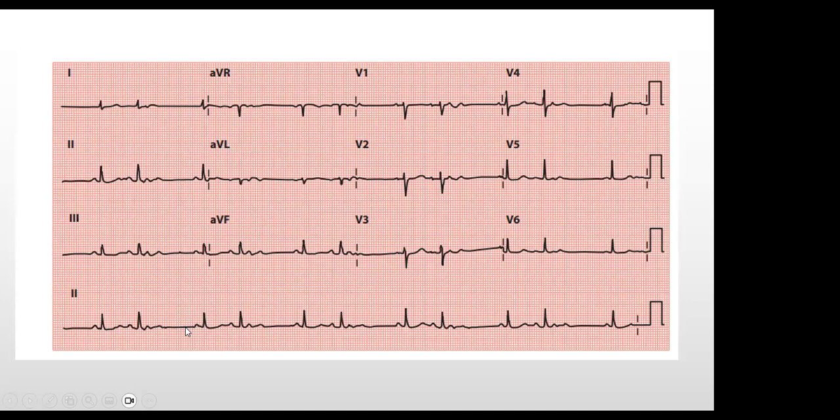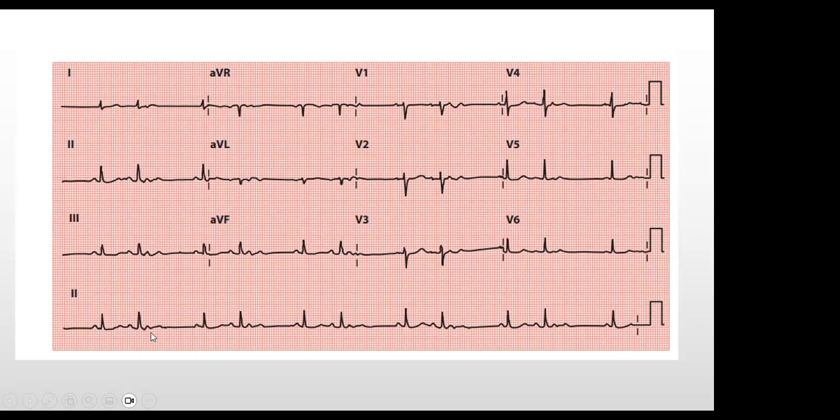Okay. I'm asking you, I'm not just saying what it is. Yes, that's supposed to be the compensatory pause. Okay, so you're saying that the second beat is premature atrial complex. Yeah, that's what I think, sir. So how do you know the one that's normal and the one that's abnormal? Well, the one that has the compensatory pause after is the abnormal.